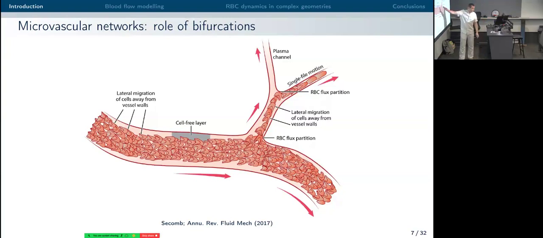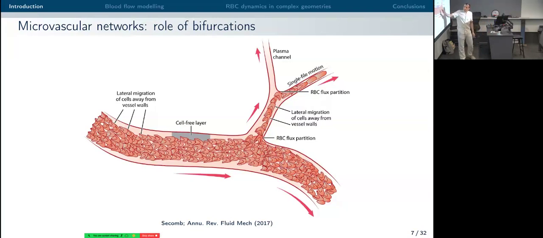You have this kind of layering effect where you get the cell-free layer close to the surface of the vessel. And the cell-free layer, is it really free of cells? It's a cell-depleted area, basically. And that is because red blood cells are soft and they tend to experience lift forces, pushing them away from the wall, which has been studied extensively in experiments and simulations.